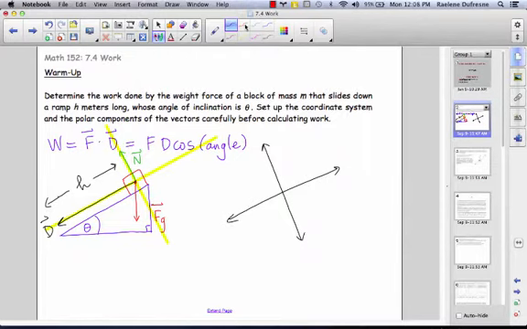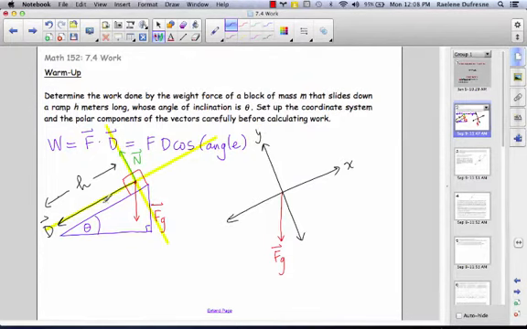The vectors that I'm interested in for the forces acting on the object are only the weight force, and I will actually use my displacement vector here, which is not really a force vector, in the free body diagram.